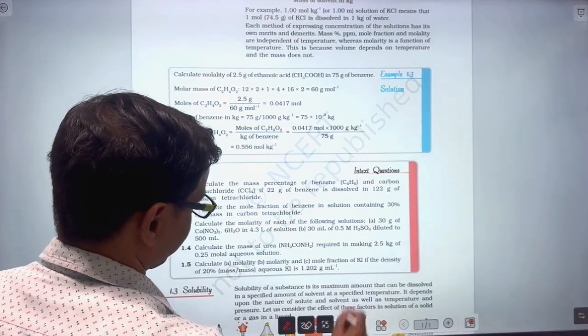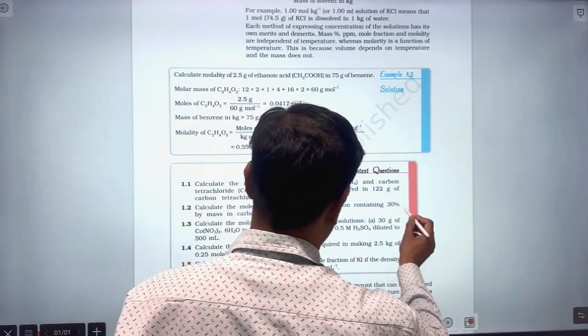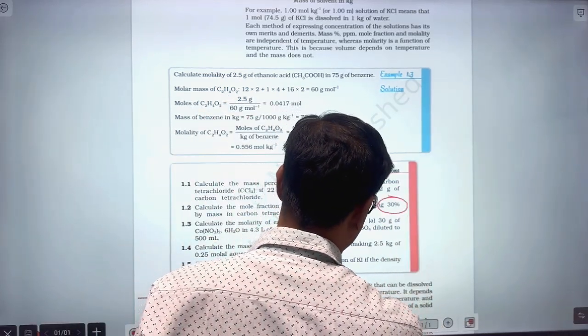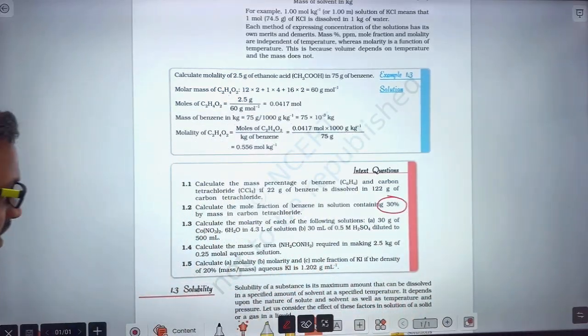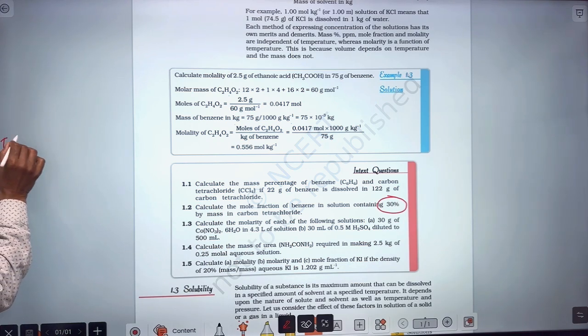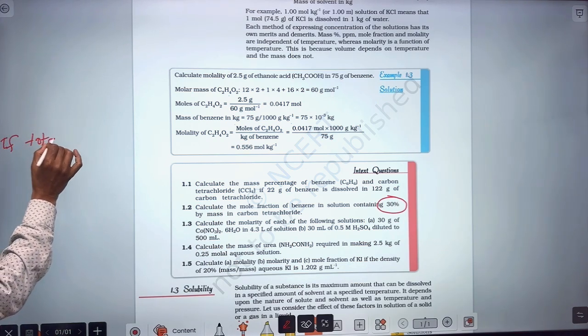That means if the total mass of solution is 100 gram, then the mass of benzene will be 30 gram.